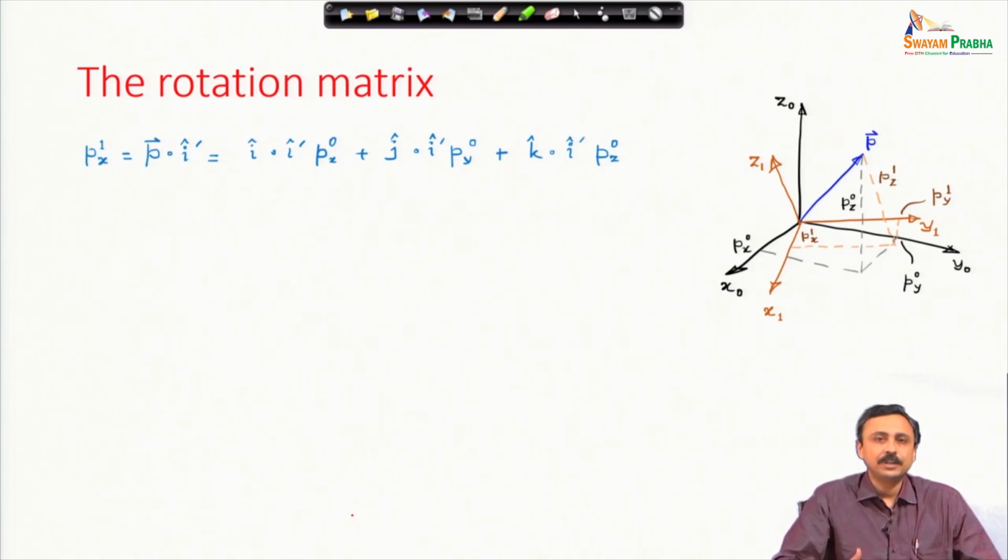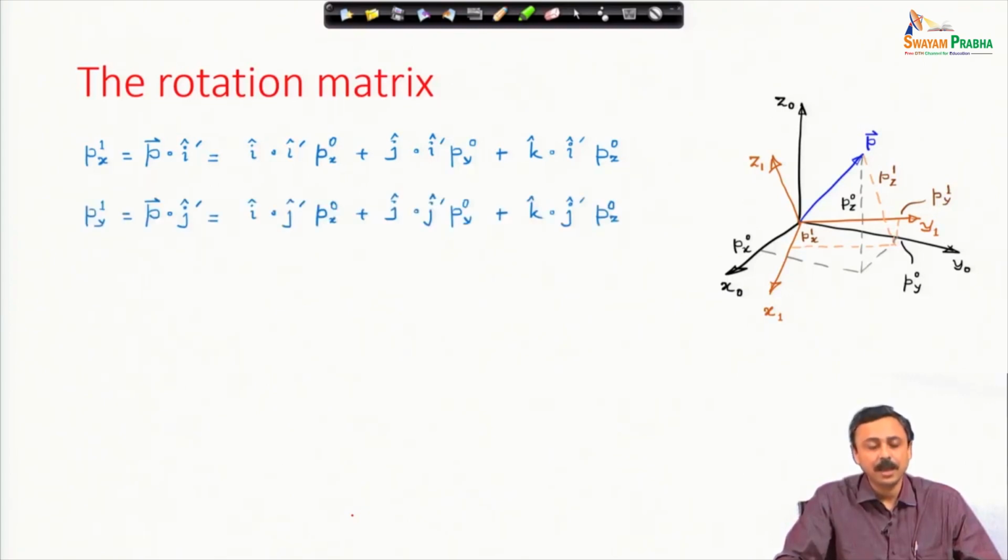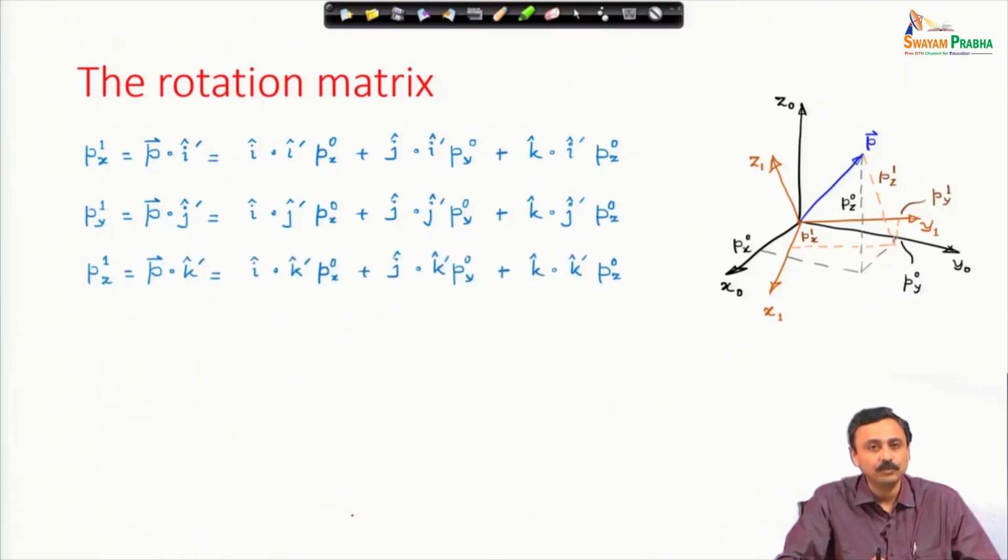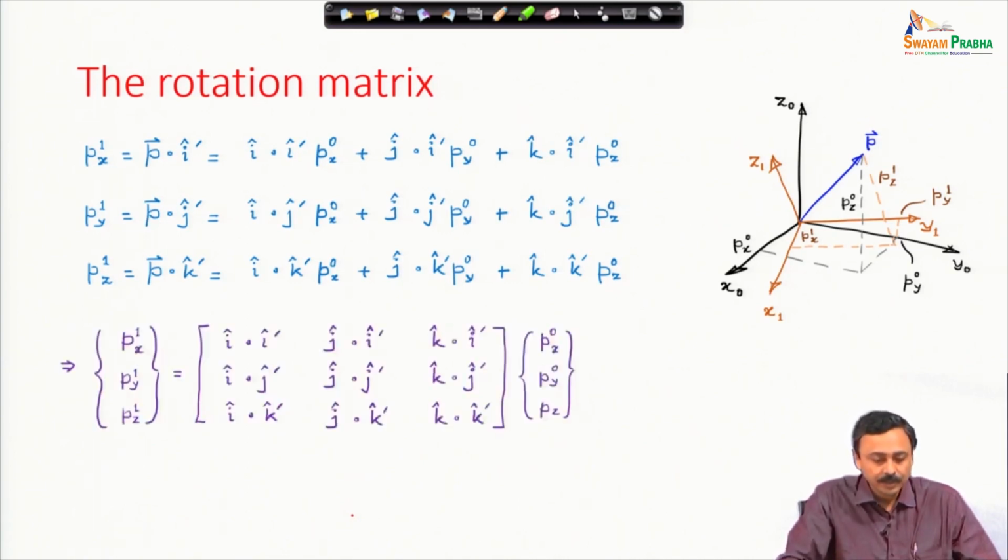Now, I do the reverse thing, I take dot products with I prime cap, j prime cap, same steps, but I am now taking dot products with I prime, j prime, k prime of both the vector representations, what was shown in black and brown both. On the left hand side, therefore, I have coefficients of the brown vector in the brown frame, and on the right hand side it involves the coefficients of representation in the black frame.